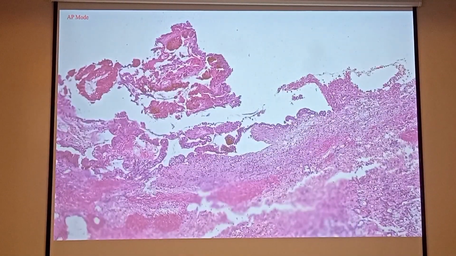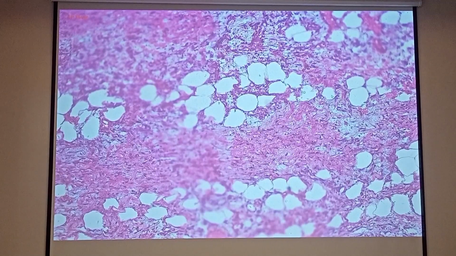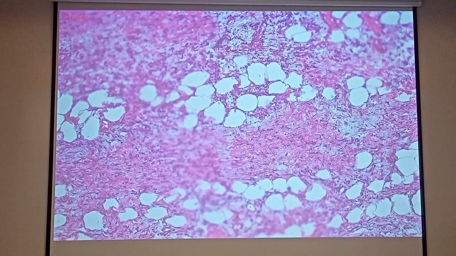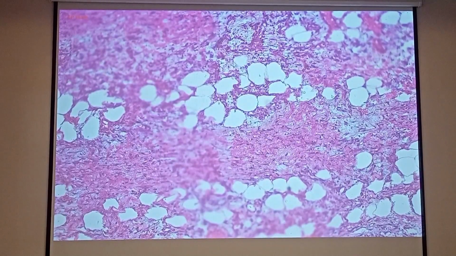Apart from the fact that this wall no longer has that property for distension and elasticity. So it's sort of limited function already. So that's what we call tissue destruction.